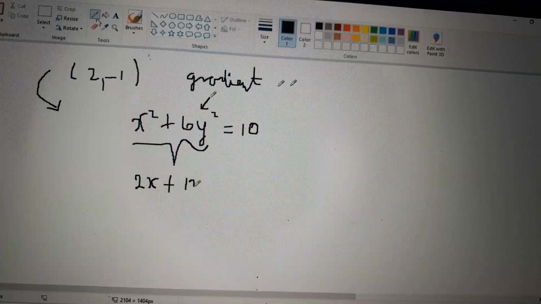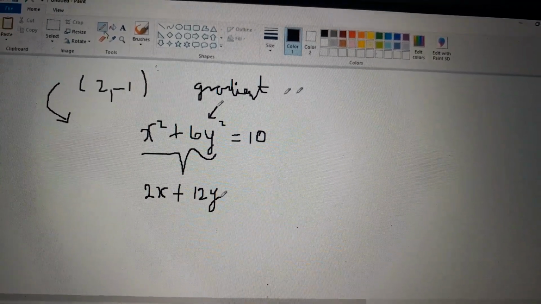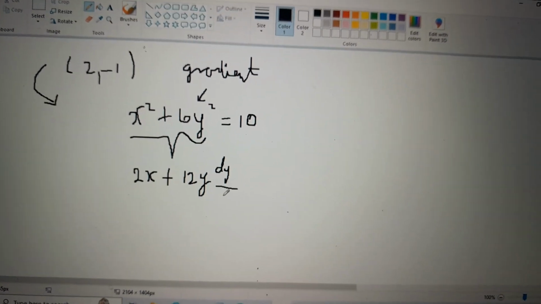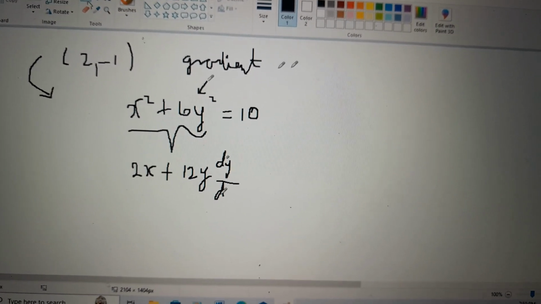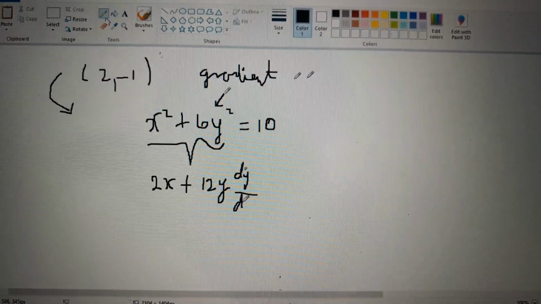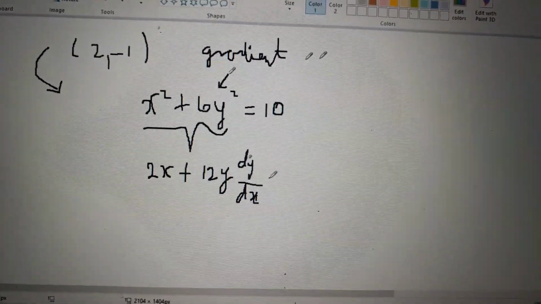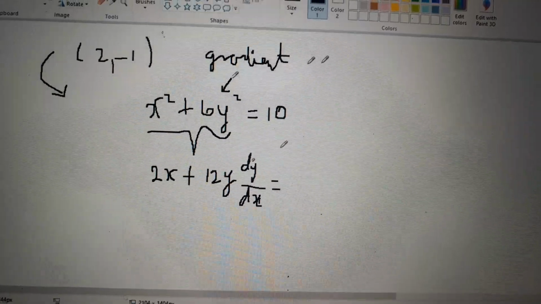Well, y. But whenever we differentiate y, what do we put next to it? That's implicit differentiation. Whenever you differentiate a term in y, make sure you put dy/dx next to it. That's basically the essence of implicit differentiation.